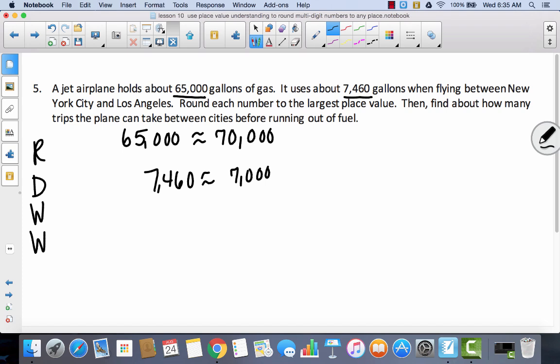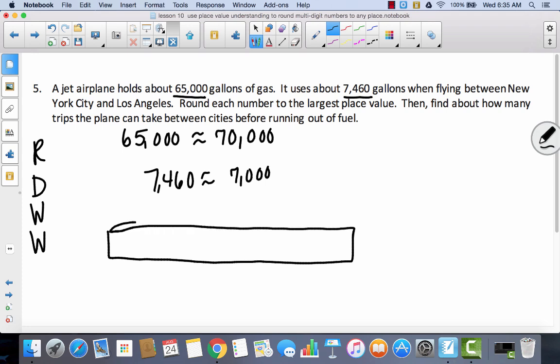So now, I really need to draw my picture to figure out how many times this airplane can fly between New York and Los Angeles. So I basically have a total of 7 10,000s or 70,000 gallons of gas. So I'm going to draw this tape diagram. I have 70,000 gallons of gas. And every time I make a trip, I'm going to use 7,000 gallons.